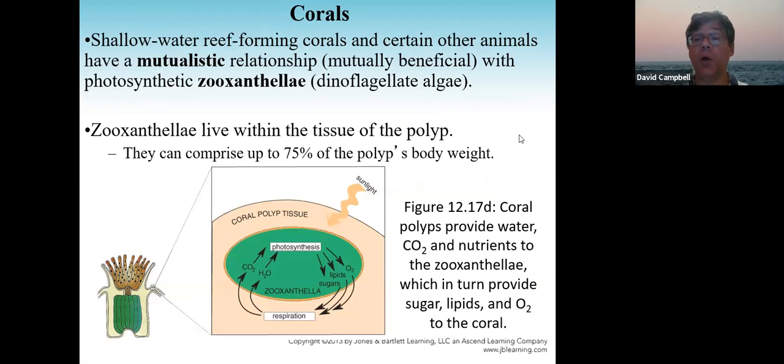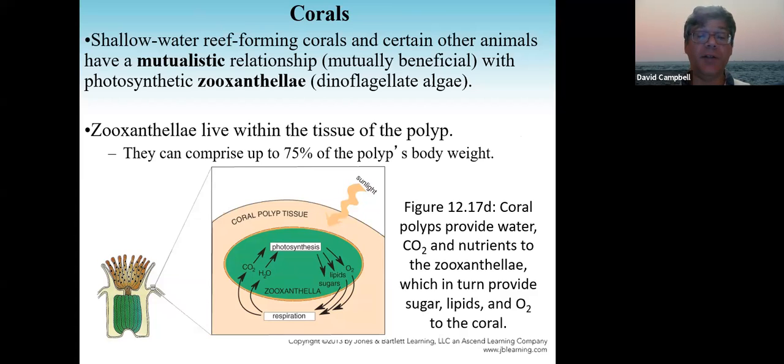The corals that make shallow water reefs characteristically have a symbiotic, mutualistic relationship with zooxanthellae. These are a type of little one-celled algae, dinoflagellates, that are actually living inside the coral, and they can capture light energy for making food, and extra of that food goes to the coral.